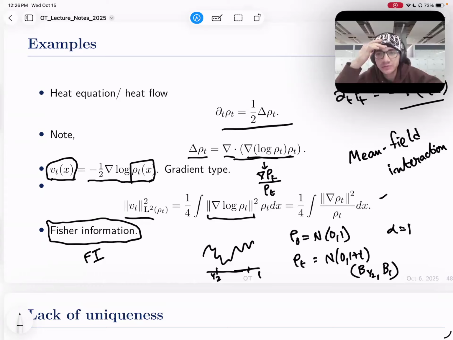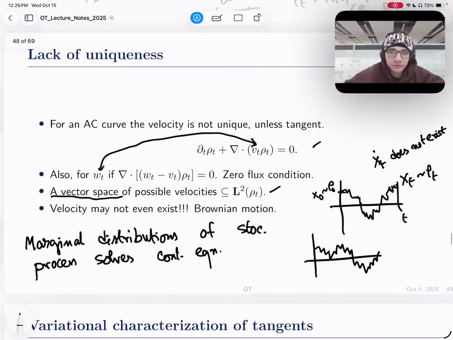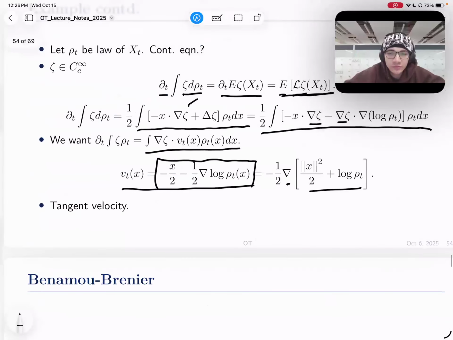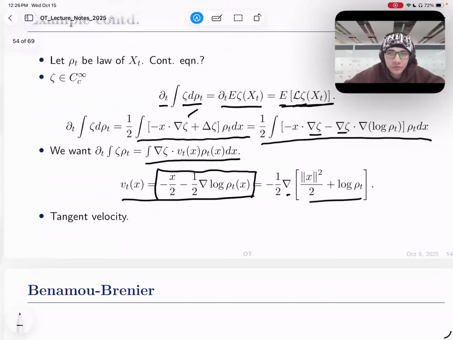I'm not sure why this violates any principle. This is a mean field equation. Later in the course, we'll write down an explicit particle system. So here is the particle system, which is a mean field equation. Let's say a particle system is moving this way, where everybody is attracting everybody else.